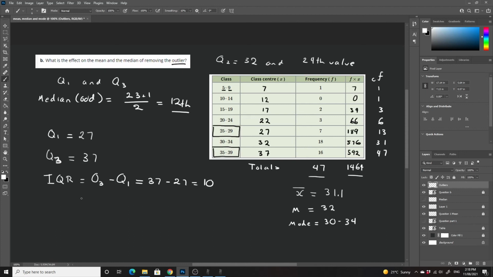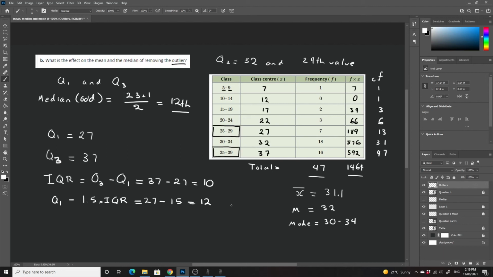Once we have this, we can use our formula to determine what the boundaries are for outliers. Our first one is going to be equal to Q1 minus 1.5 times IQR, and our IQR is equal to 10, so it's our Q1, which is equal to 27, minus 1.5 times 10, which is 15, which is equal to 12.